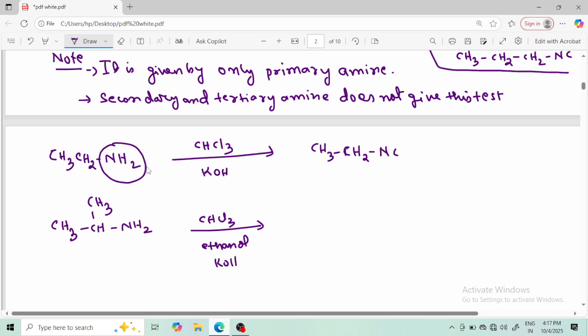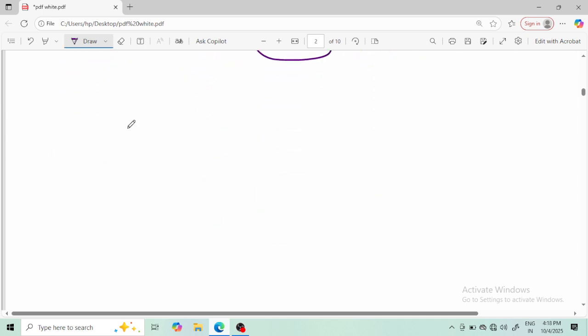Ethanol KOH is alcoholic KOH only, right? You know this, before also I have explained this. So now this is the bonding site, and at this bonding site you have to add NC. Okay, so done.